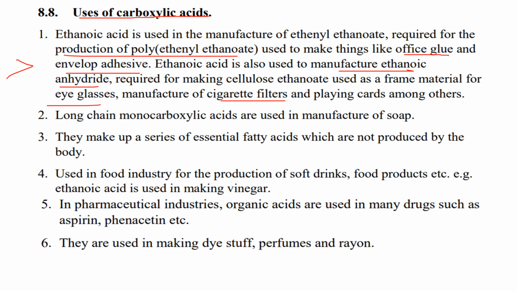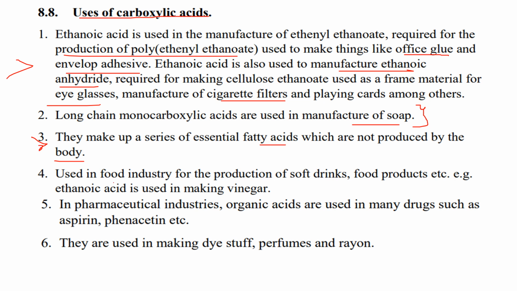Second of all, you can also have long-chain monocarboxylic acids being used in the manufacture of soap, as we are going to be looking at in soaps and detergents. They can also be used to make up a series of essential fatty acids, which are not produced by the body, so therefore they can be incorporated into the body directly or extrinsically.